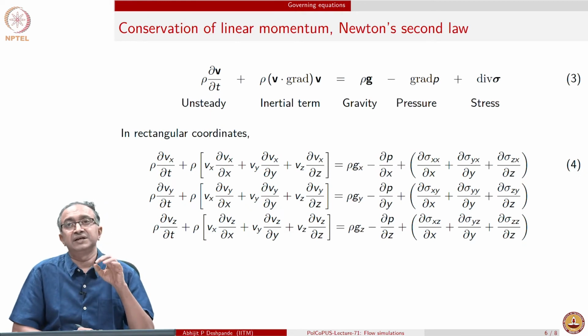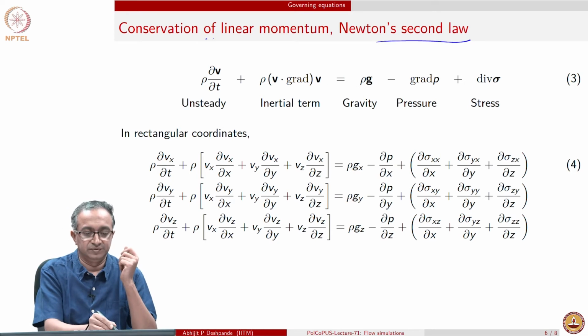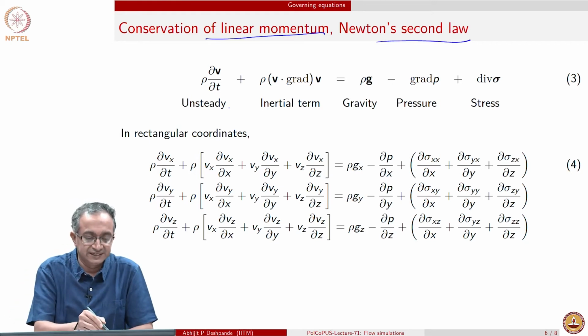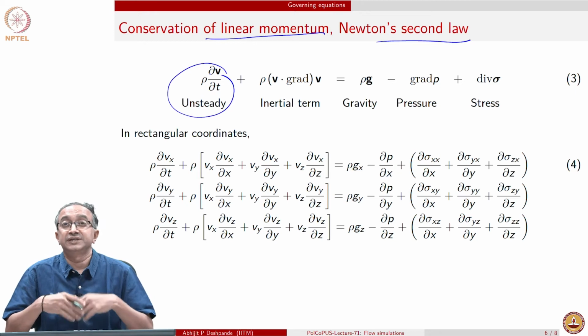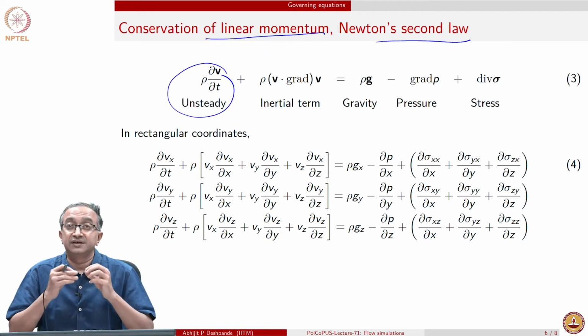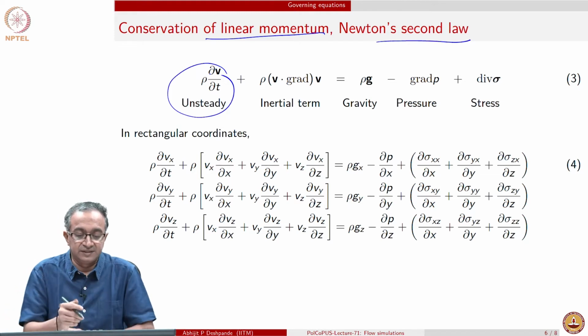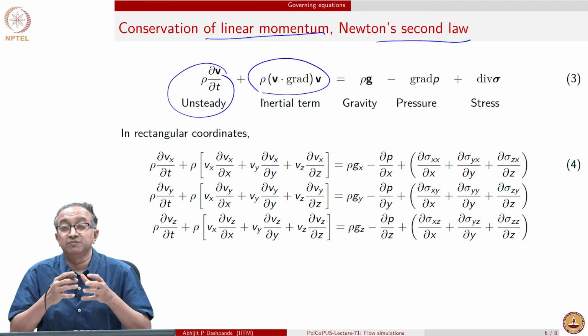Now, the other governing equation is based on Newton's second law, or we can say conservation of linear momentum or linear momentum balance, and this is a statement where we say that the unsteady change in velocity, or velocity change at a given fixed point as a function of time. And then we have the inertial term, which talks about variation in velocity as a function of position.